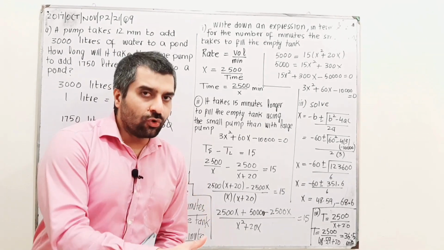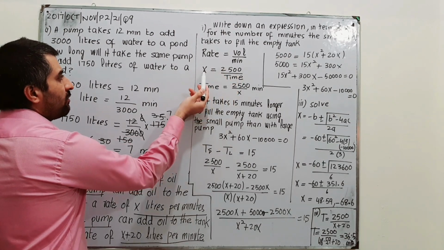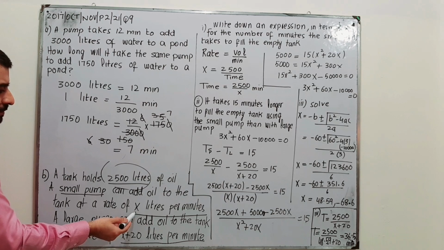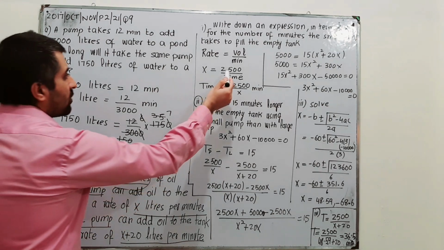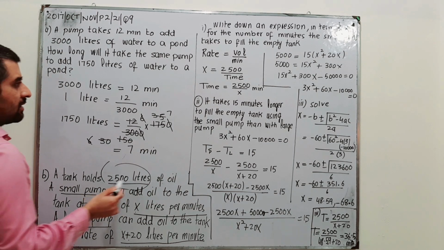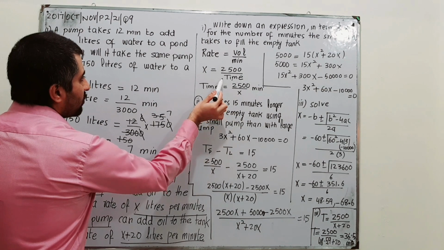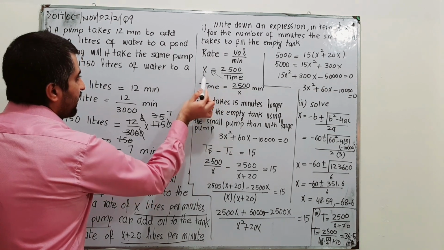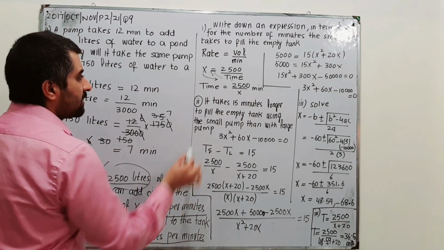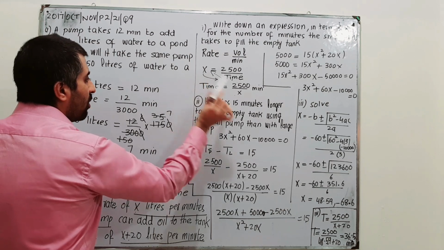The rate for the small pump is x, equal to the volume of the tank, 2500, over the time, which we don't know and have to obtain. You can move t over here and x over there, so time is equal to 2500 over x minutes. That is the expression in terms of x for the time of the small pump.